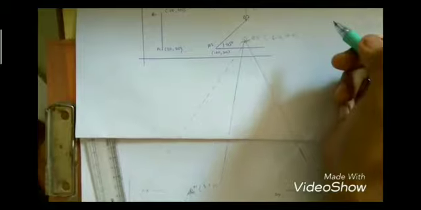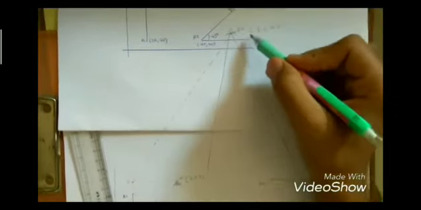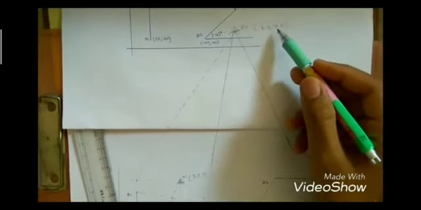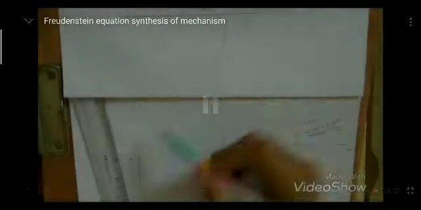We have to multiply it with the scale. We have taken scale as 20 cm. Calculate it by 20 and you will get O1 and O2. Calculate the length of the link O1 A1 and O2 B1 to get the element link, and this will be the synthesis of mechanism in the first position.